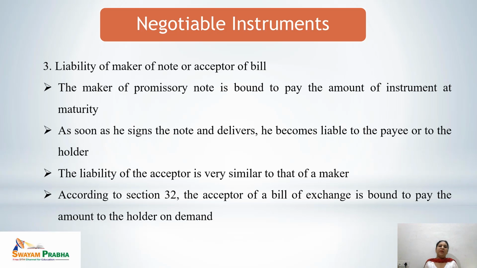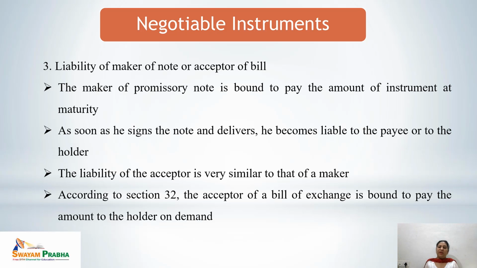Third one is liability of the maker of a note or acceptor of a bill. So the maker of a promissory note is bound to pay the amount of the instrument at maturity. The maker makes a promise that he would pay for the instrument at some specified date, so he is bound to pay that. As soon as he signs that promissory note and delivers it to the other party, he becomes liable to the payee or to the holder of the negotiable instrument.